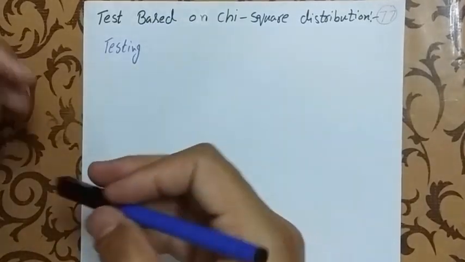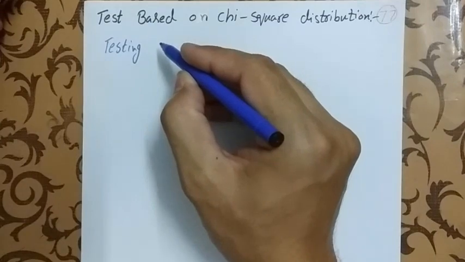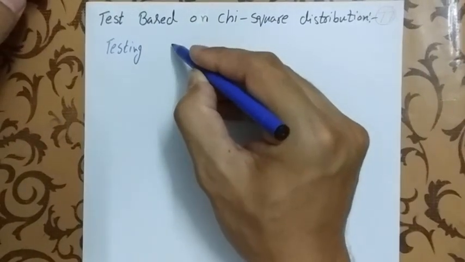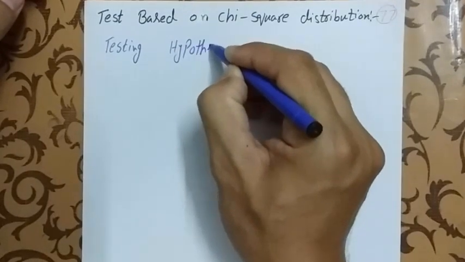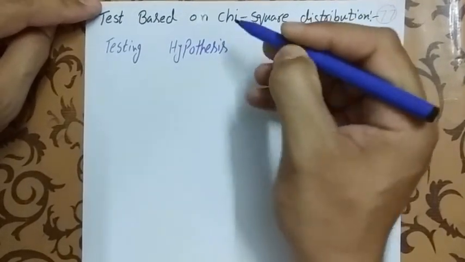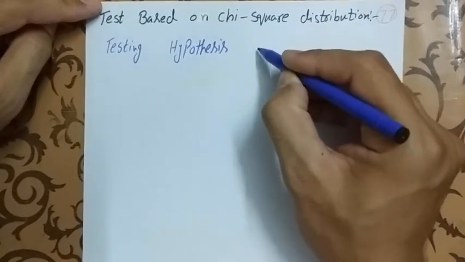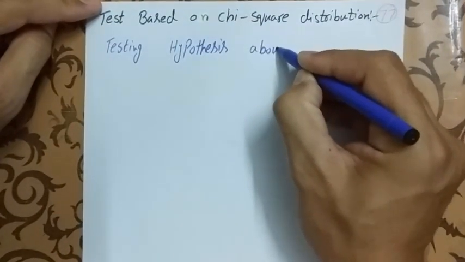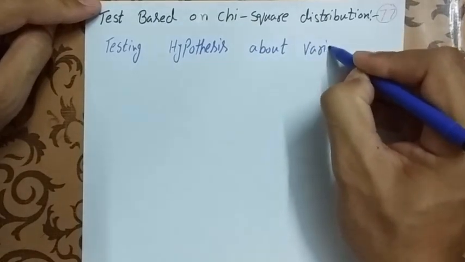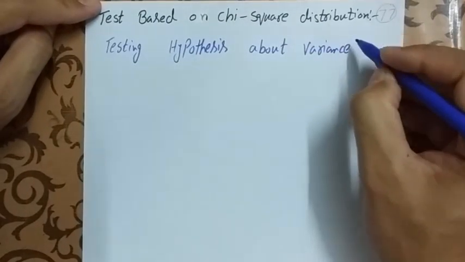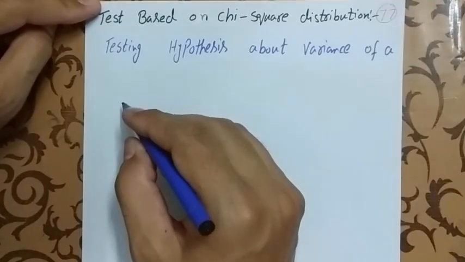Here, testing hypothesis about variance of a normal population.